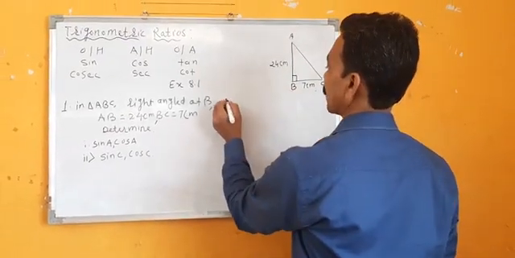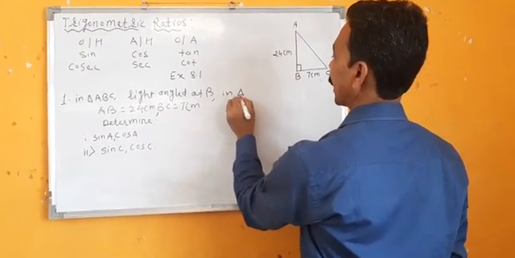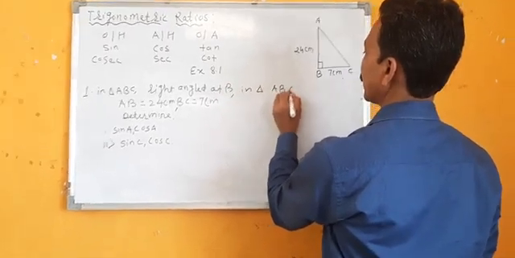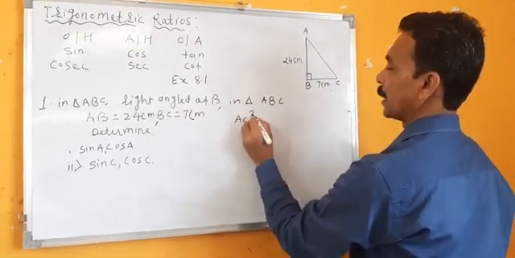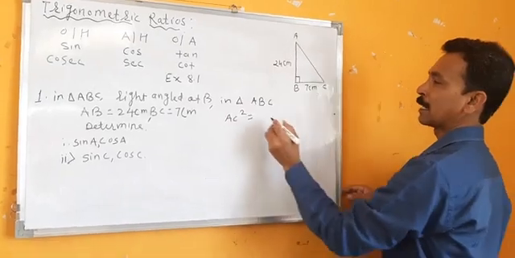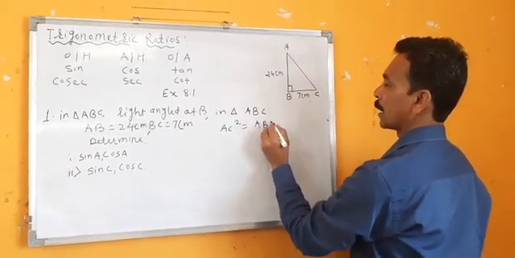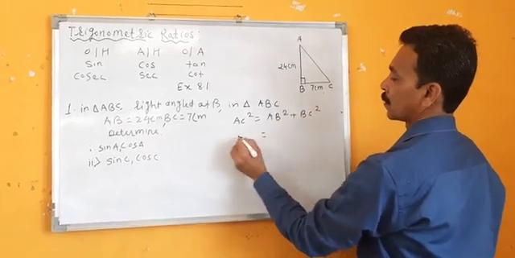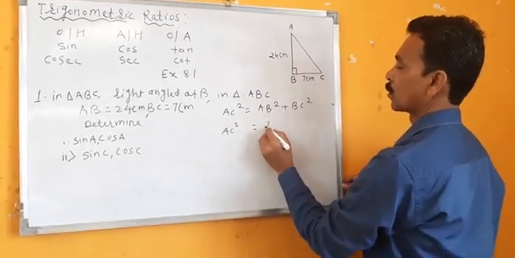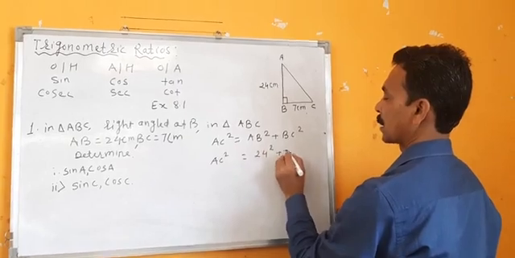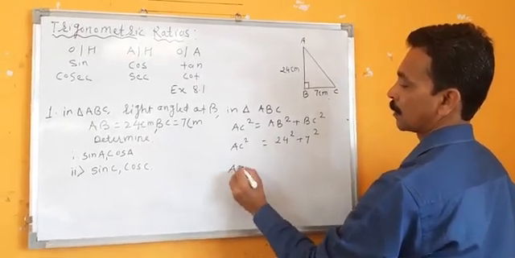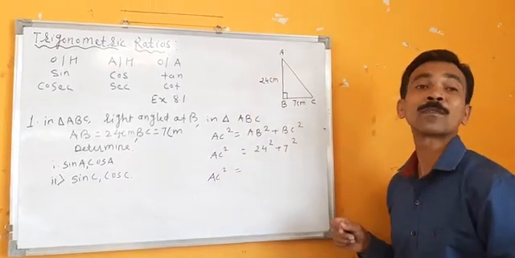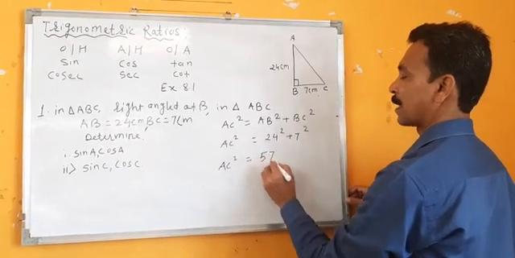Using Pythagoras theorem, I will write here. In triangle ABC, AC square, we have to find AC square is equal to what? AB square plus BC square. AC square is equal to 24 square plus 7 square. What is square of 24? 576.